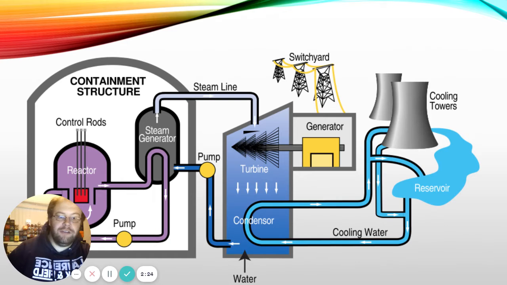The generator sends the electricity out, and we have a big reservoir of water nearby to cool off the condenser here and keep everything not too hot. Right? We don't want it to get too hot, nor do we want the control rods to get taken out, because that would allow the reaction to continue over time, and that would allow a meltdown, which is bad, in case you were wondering.